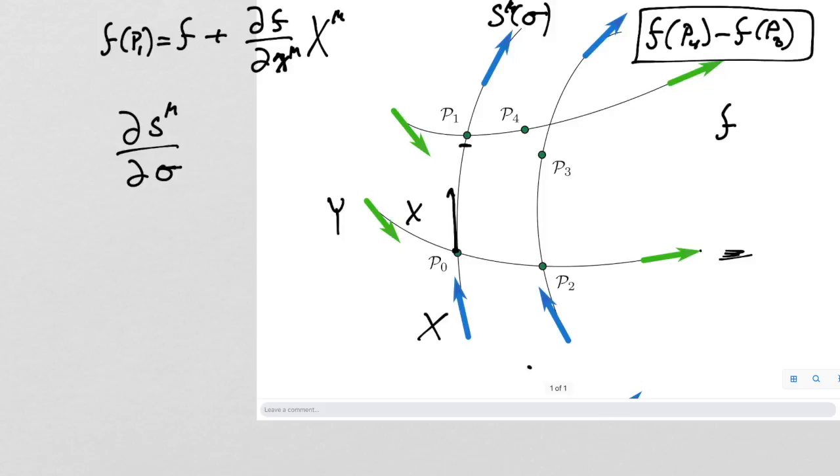So with that in mind, you can actually think of this X as partial S^mu partial sigma, and then we're interested in getting, so this function here is changing, but this is a derivative, not an increment. You actually need a delta sigma here, right? A certain amount of incremental movement of sigma. And then this will give you dS^mu d sigma.